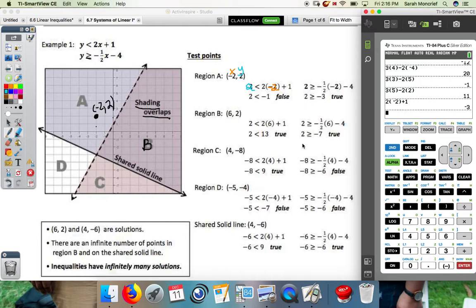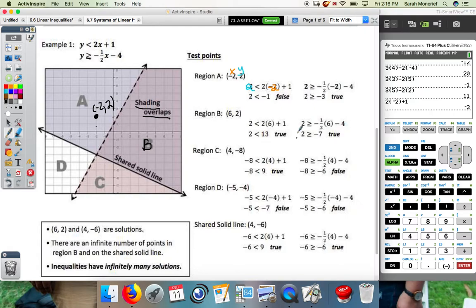Alright, there's a little typo on here, but that's going to get us negative 3. Now, that means we have 2 is less than negative 3. Is 2 less than negative 3? No, so that means this statement is, in fact, false. Now let's do the next one.